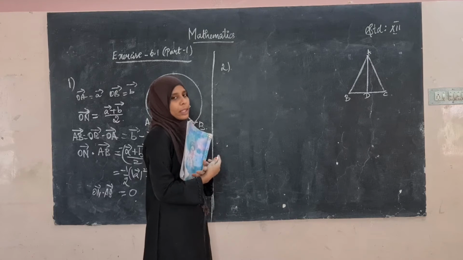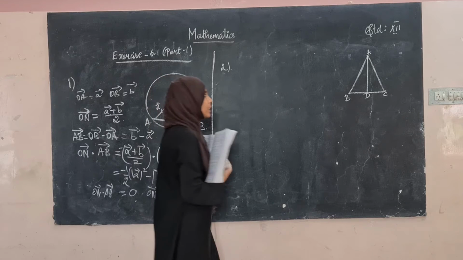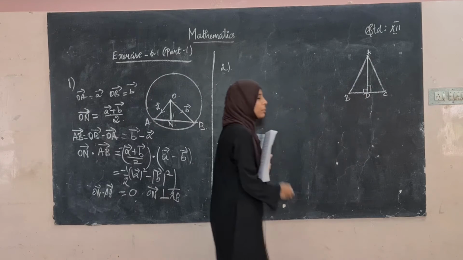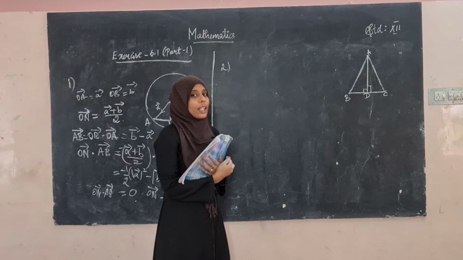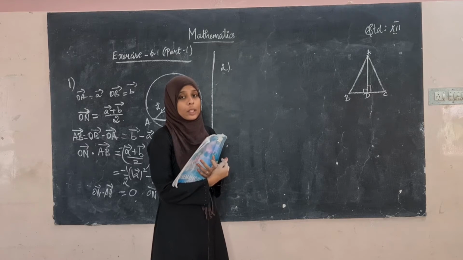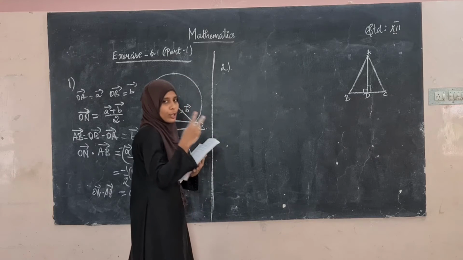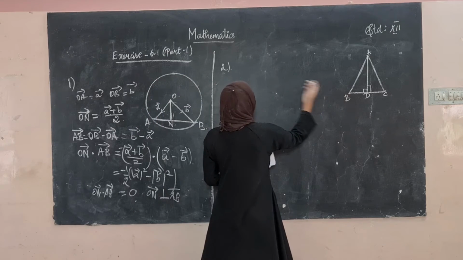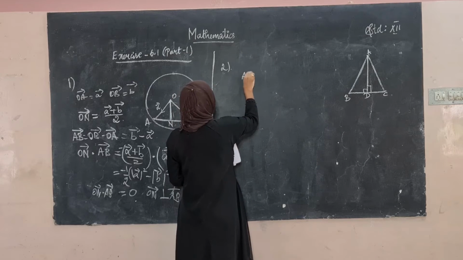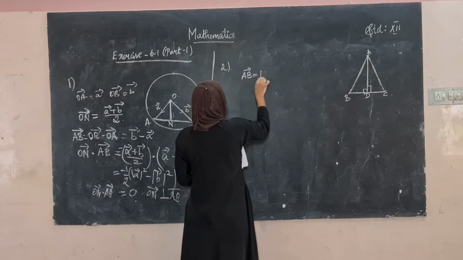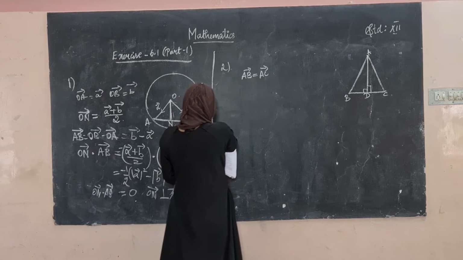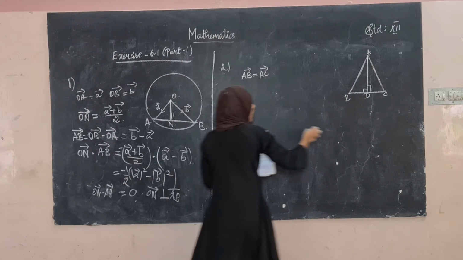Otherwise, there is another method: we can show this is a right angle, and then it is also perpendicular by Pythagoras theorem. Here we are going to use the second one. It is an isosceles triangle, so we can take AB vector equal to AC vector, and this is the median.